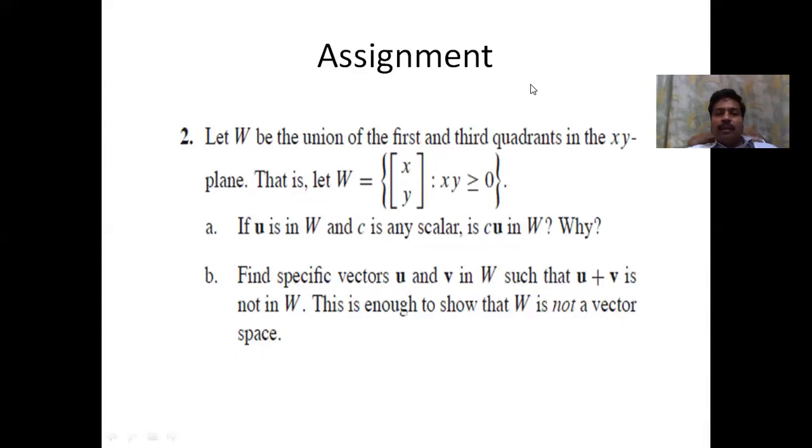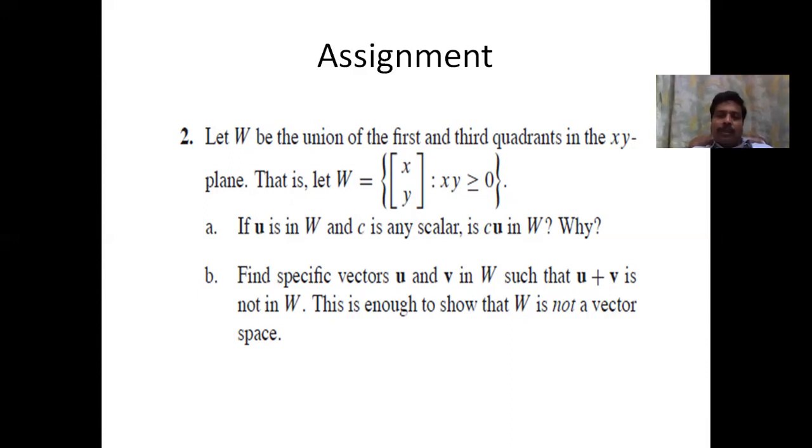And this is another assignment problem. Let W be the union of the first and third quadrants of the xy plane. You can imagine that. That can be mathematically written as W equals the set of (x, y) such that xy is greater than or equal to 0. So x and y can both be positive or both be negative at a time. In the third quadrant, x and y are both negative, but their product is positive.